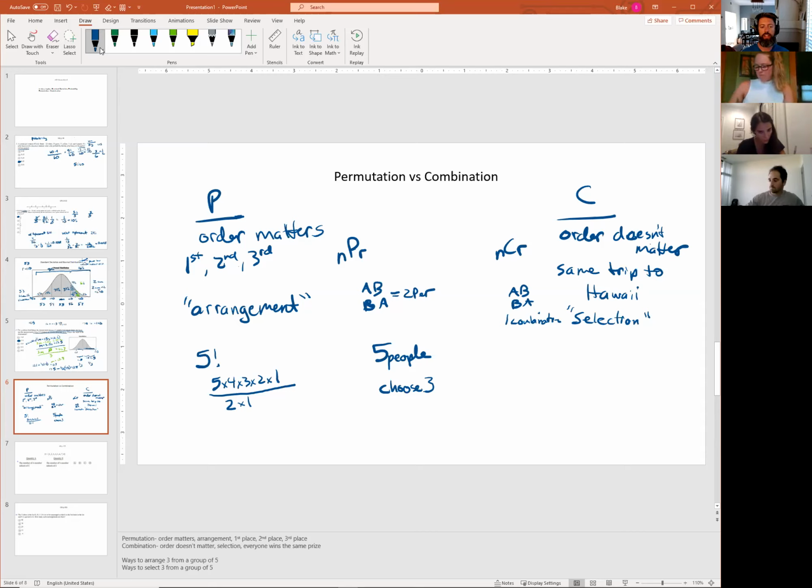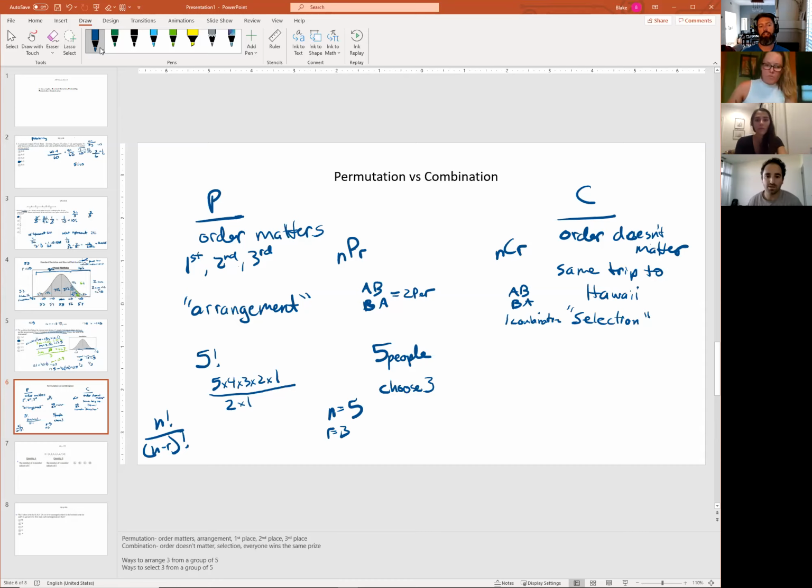And if you see that setup, that's how we do permutations. So if you're choosing 3, we call that R. So R equals 3. And if we're from a group of 5, then N equals 5. And so the way this formula works for permutation is N factorial divided by N minus R factorial. So just to get this straight, let's say it said instead of choose 3, choose 4.